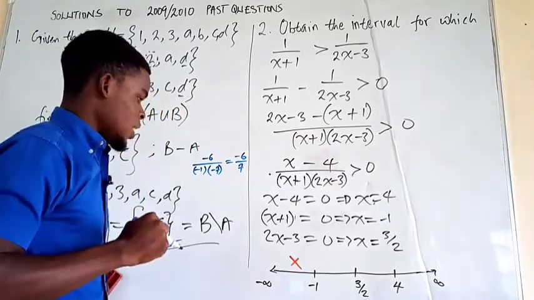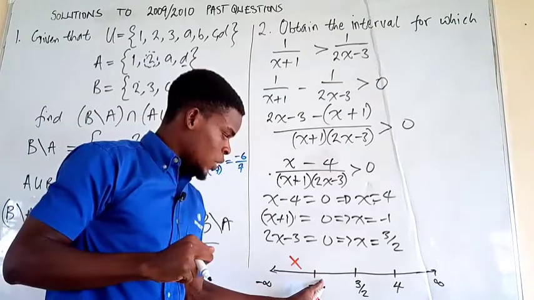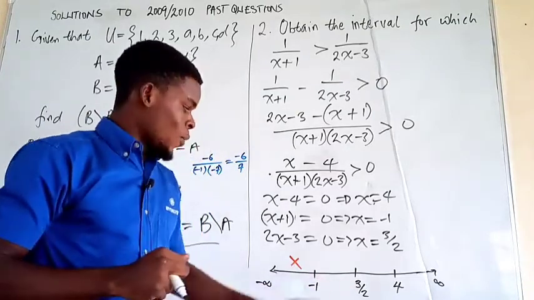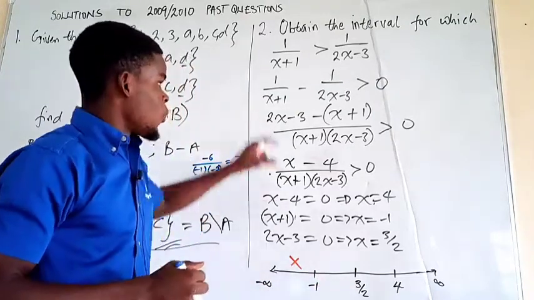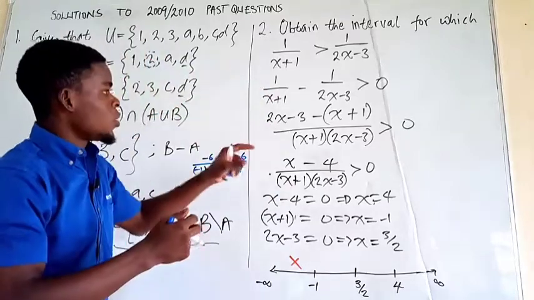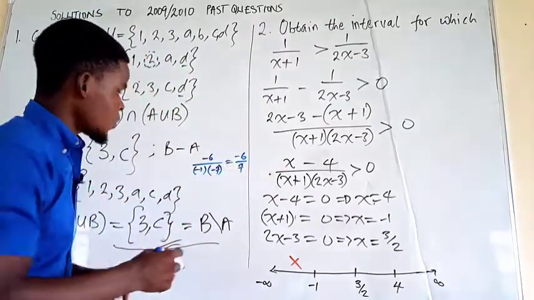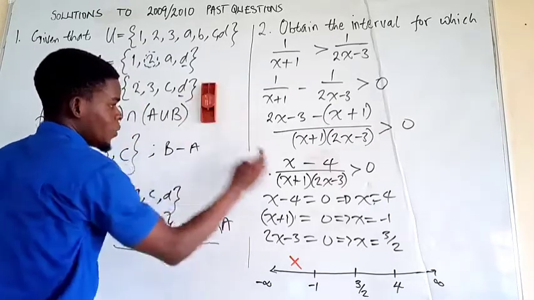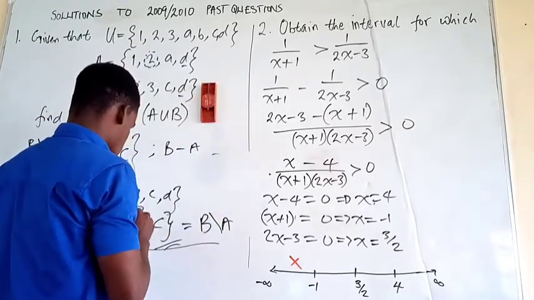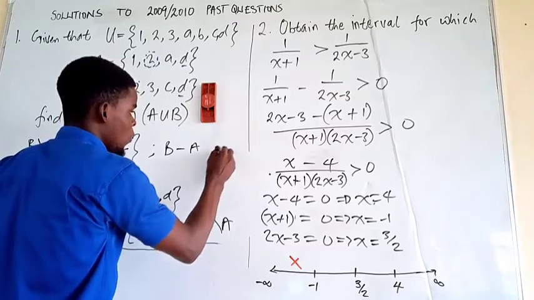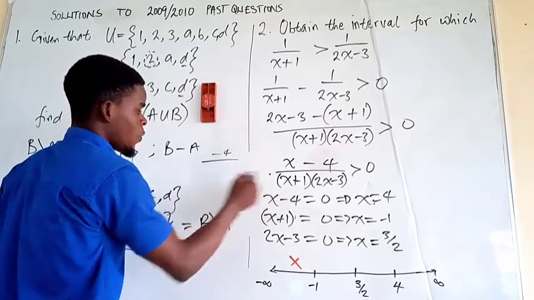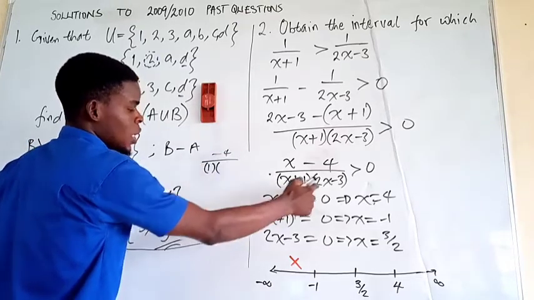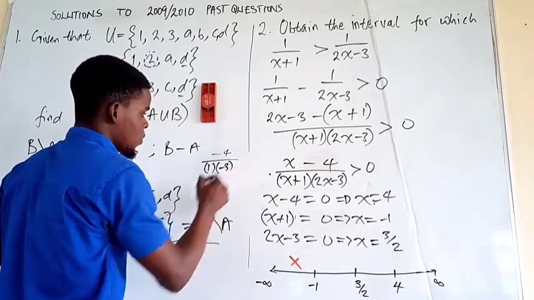Alright? Now the next thing we'll be considering is between negative 1 and 3 over 2. We can see 0 will be there. So you plug in 0 into the inequality. Right there we'll have negative 4 on top. At the bottom, plugging in 0 for x, we have 1 times negative 3, which is negative 3.